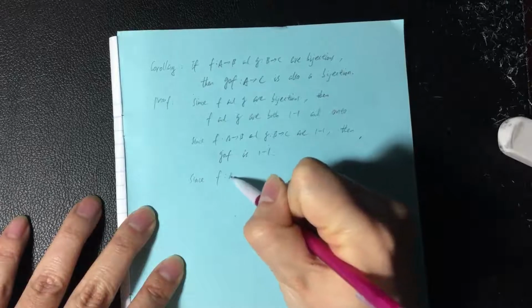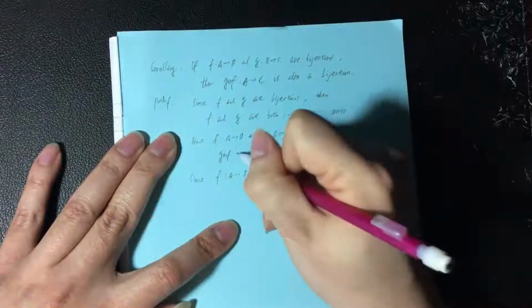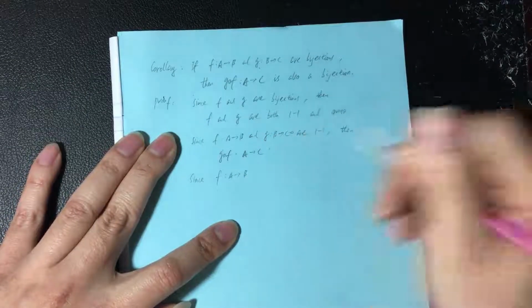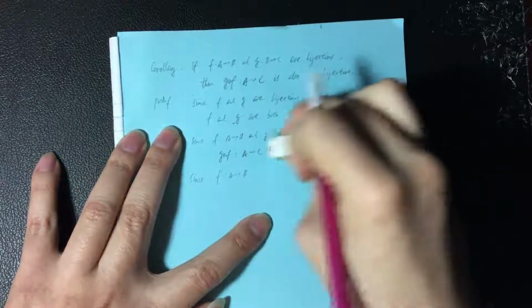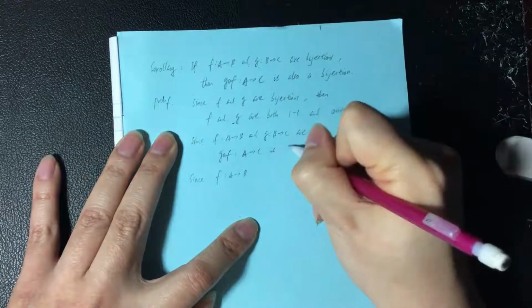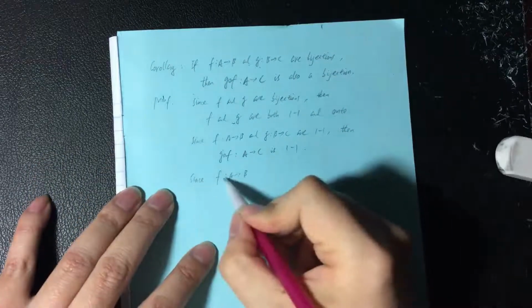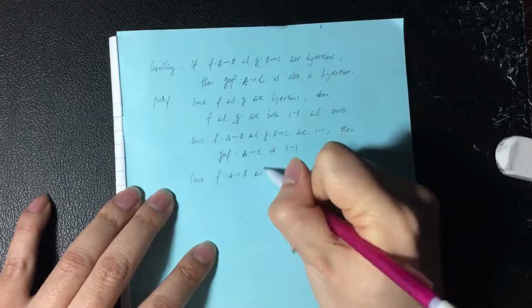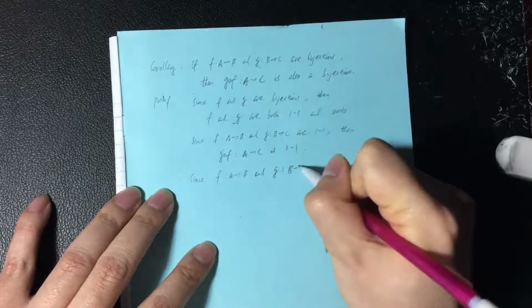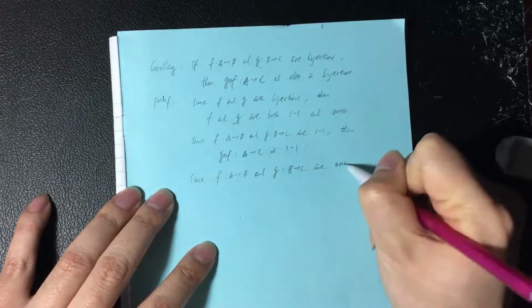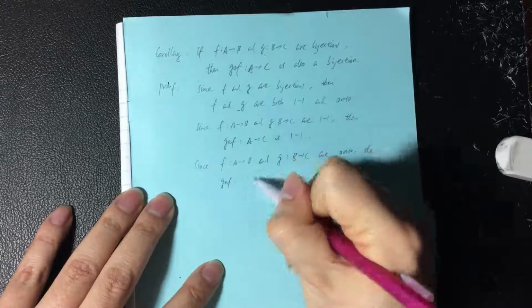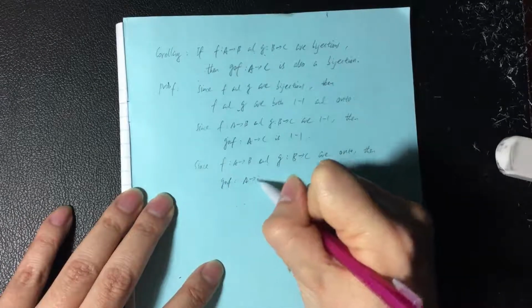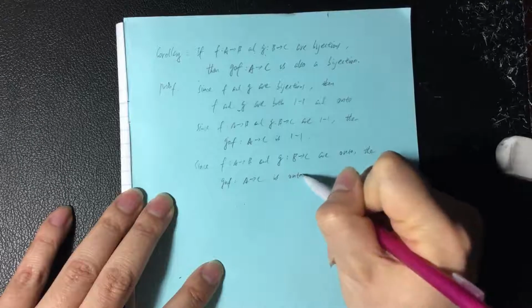Since f from A to B and g of f is from A to C, it is also one-to-one. Since f from A to B and g from B to C are onto functions, then by the second theorem, g of f from A to C is also an onto function.